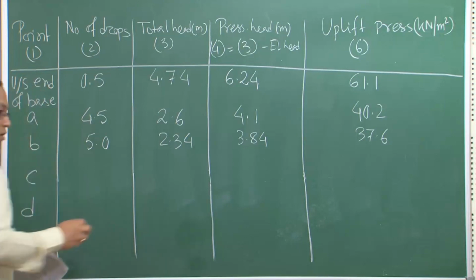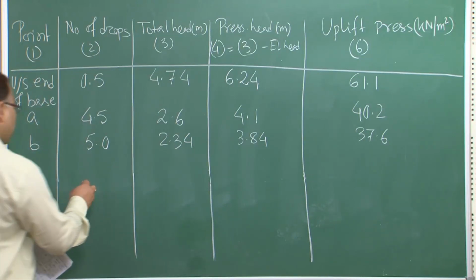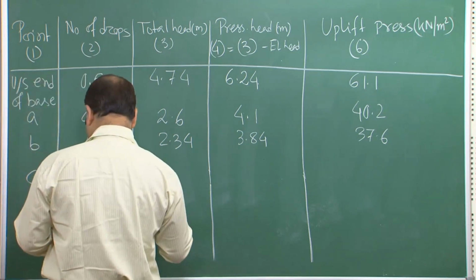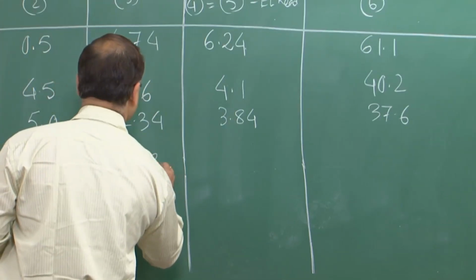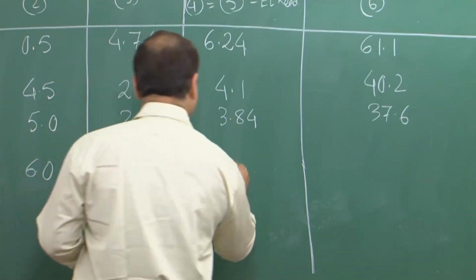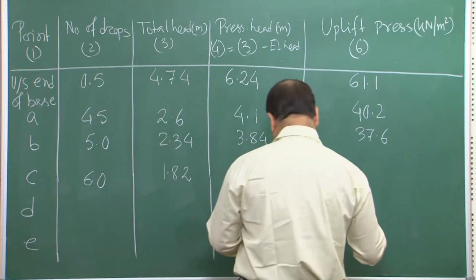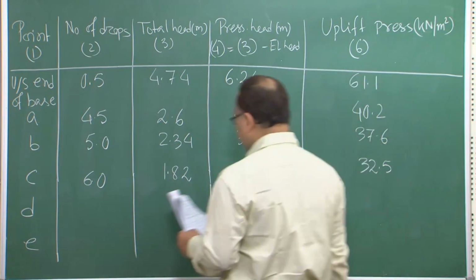At point C, what is the number of drops? If you look at point C, the number of drops is 6. Okay. Then 1.82 is your total head and 3.32 is your pressure head and 32.5 is your uplift pressure.